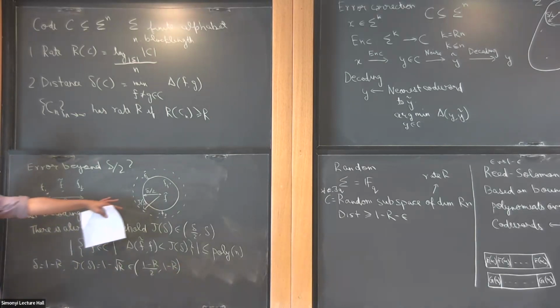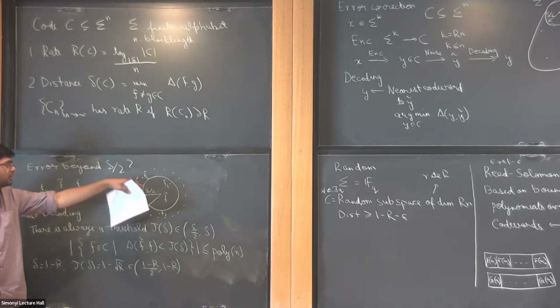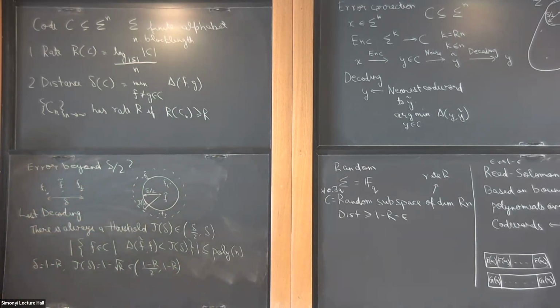So we can take these balls' radius to be as close to 1 as we want. You just have to correspondingly pay in the rate. Of course, this is just a combinatorial bound. There's a whole different question with algorithms.